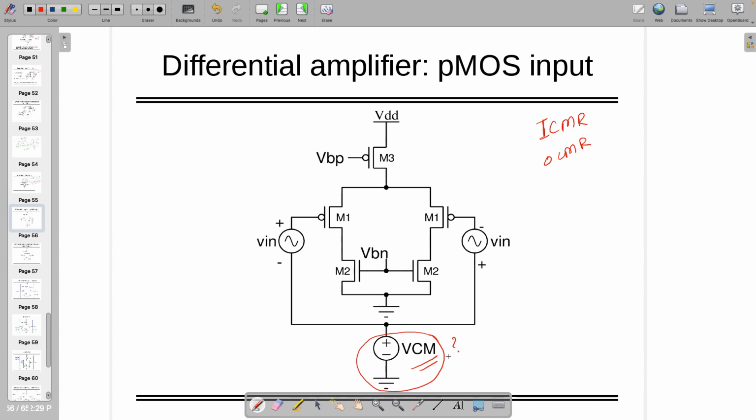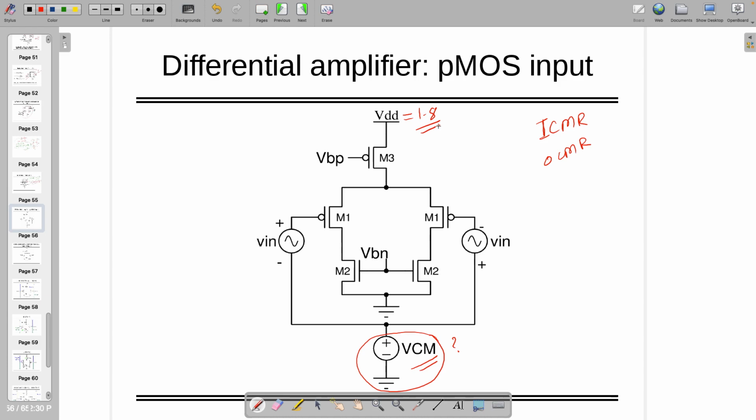Somebody can comment on this: how much common mode voltage can we give over here if VDD is equal to 1.8 volt, in your opinion? The borderline is that each of the transistors has to be in the saturation mode of operation, right?